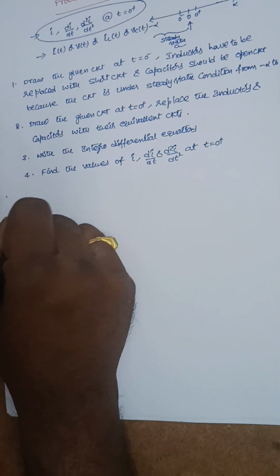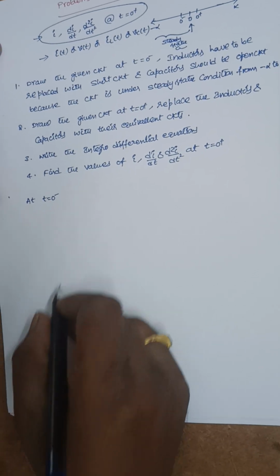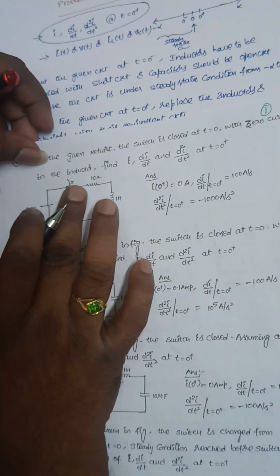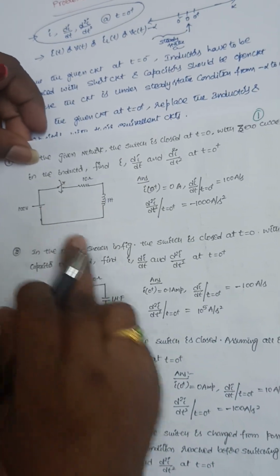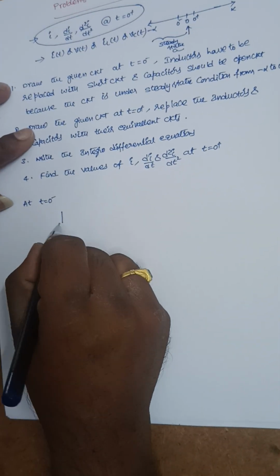At t is equal to 0 minus, this is the circuit, and the switch is in the open position.